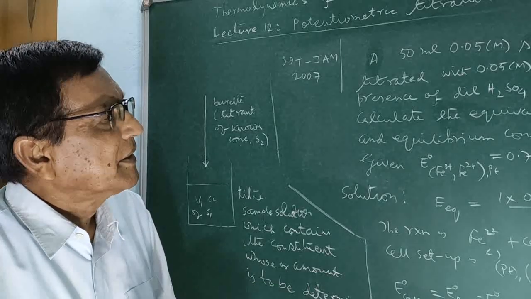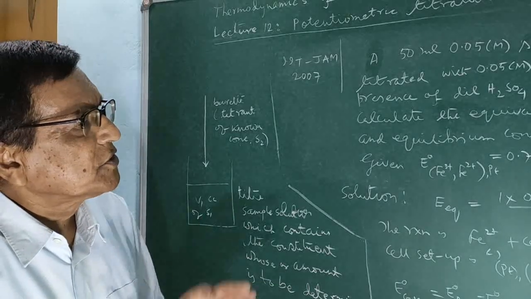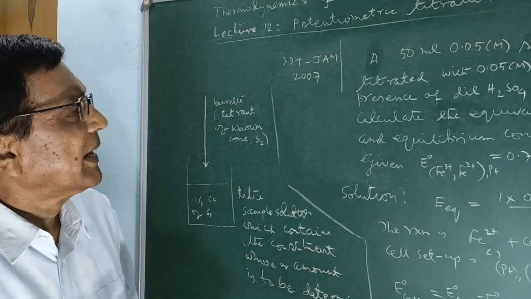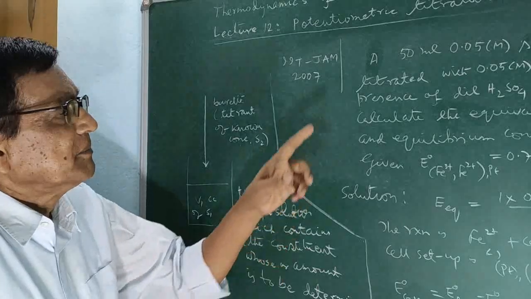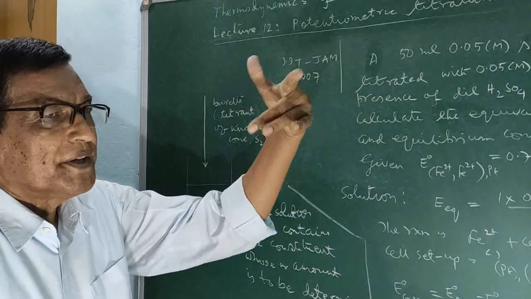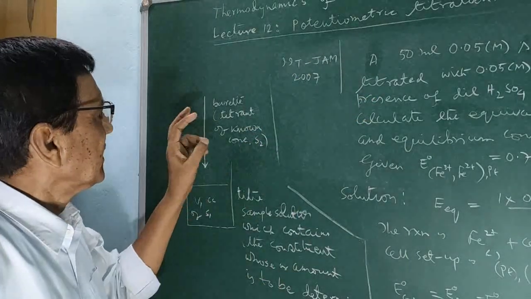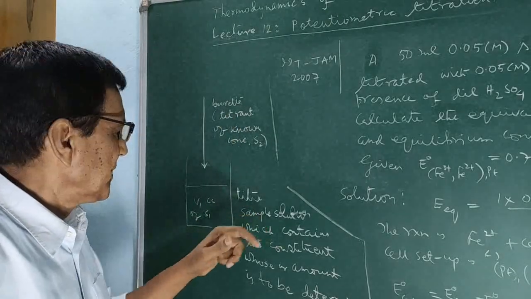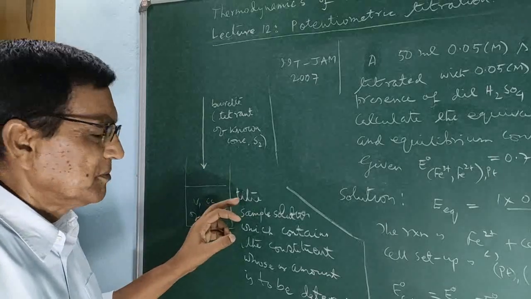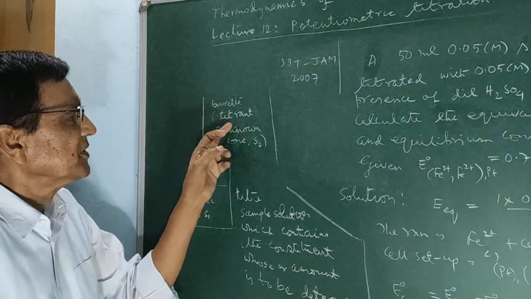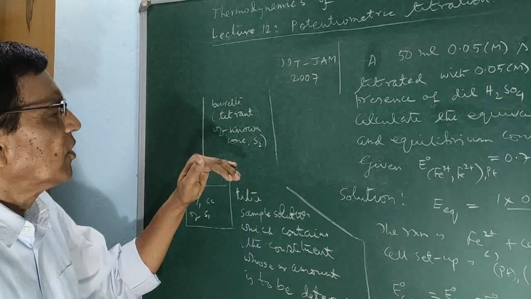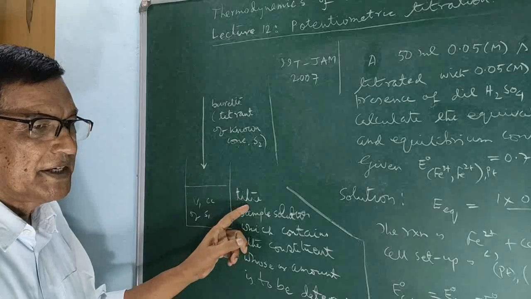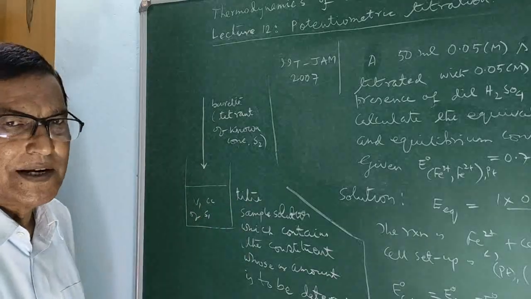In case of redox reactions, one thing is very common: the titrant should be at least 10 to 100 times more concentrated than the titrate, to avoid the dilution effect.